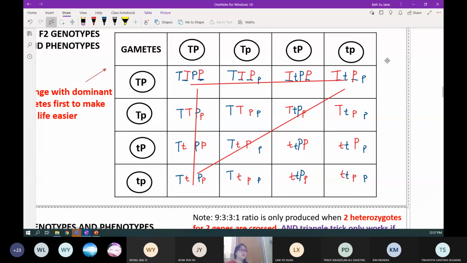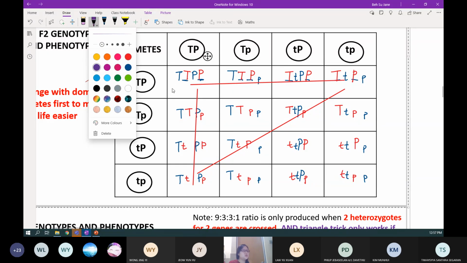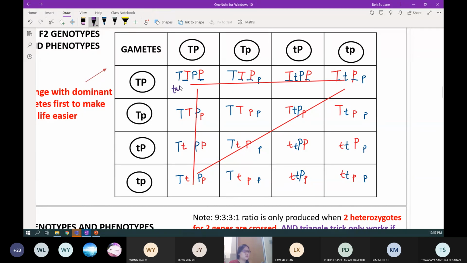Let me show you. I'm going to use a different color. This is tall and purple. Tall purple flowers, okay? I'm just going to write tall P for now because lazy. So is this tall purple? Yes, it is. These are all big T, big P, right? So it must be tall purple.